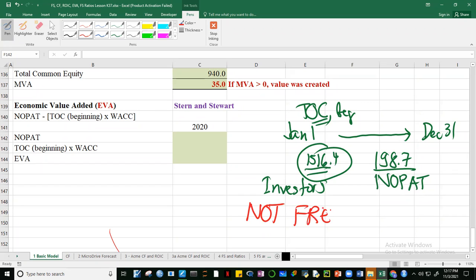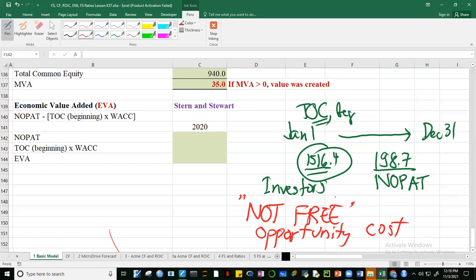What do I mean by not free? This amount, operating capital, was provided by creditors and shareholders, which means that they could have used their money elsewhere. In other words, guys, there's what we call, I know you have met this in your economics, opportunity cost.